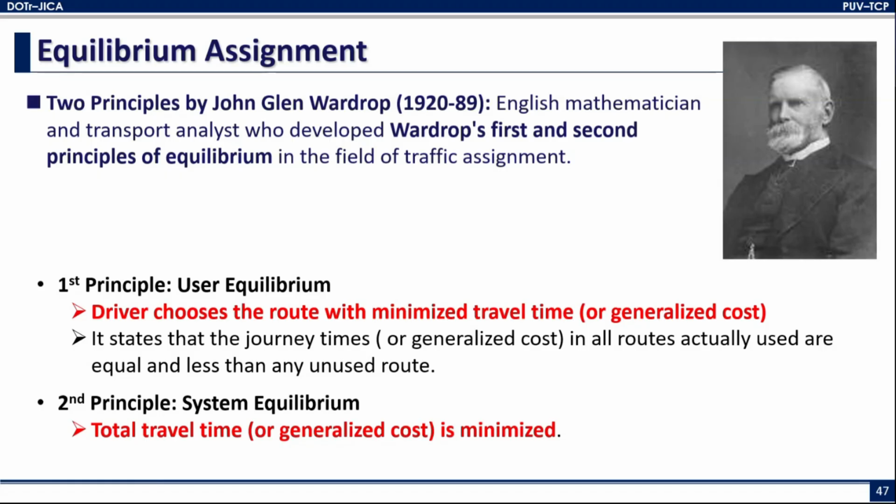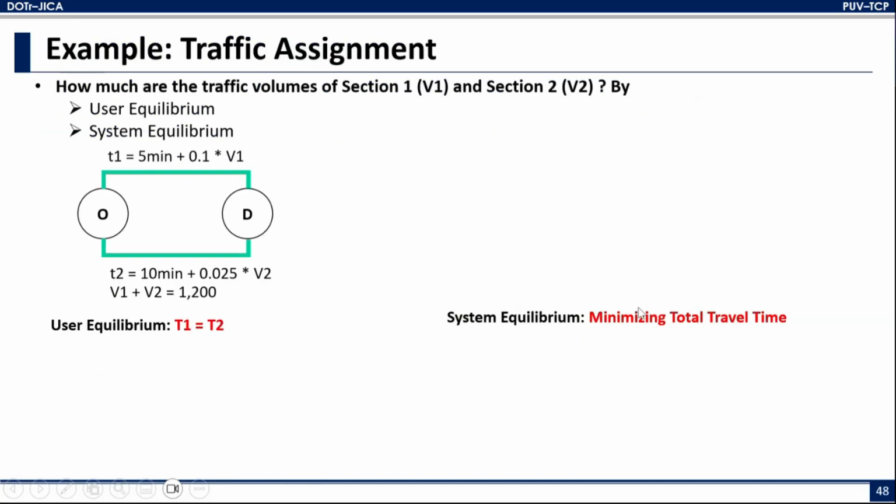Usually the user equilibrium assignment is used for the urban transportation field, and the system equilibrium assignment is also sometimes used. How these two methodologies differ will be mentioned in the later pages.